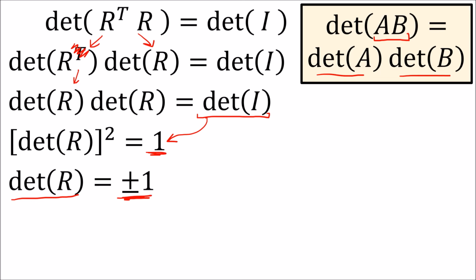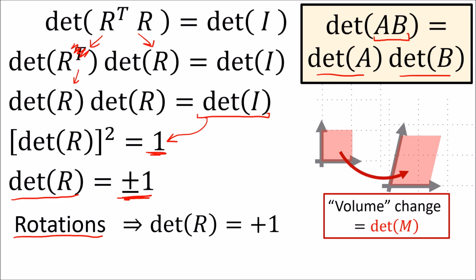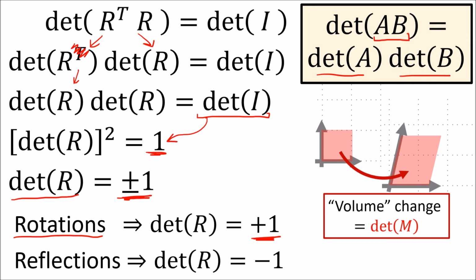or -1. Remember, the determinant of a matrix tells us how much it changes the areas of squares in 2 dimensions, or the volumes of cubes in 3 dimensions. Rotations have a determinant of +1 since rotations don't change areas or volumes. Reflections don't change the size of volumes, but reflections reverse directions, and this results in a determinant of -1.